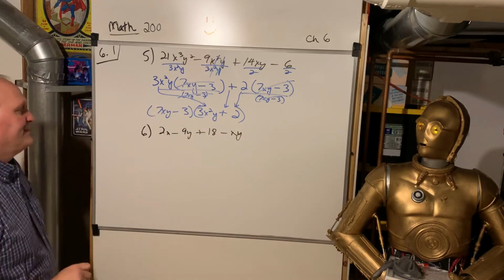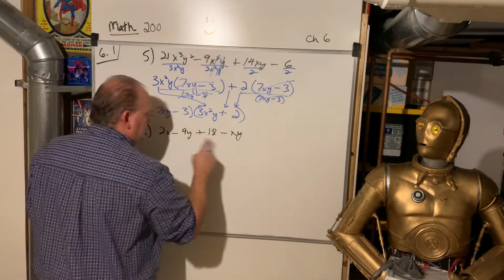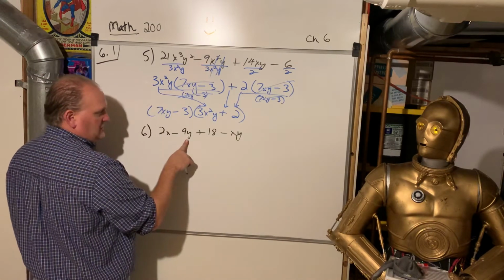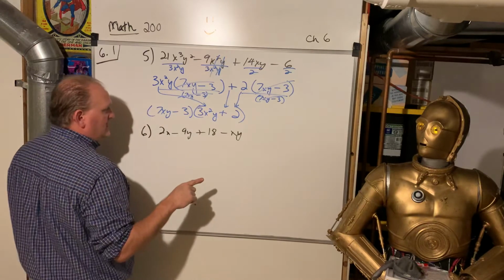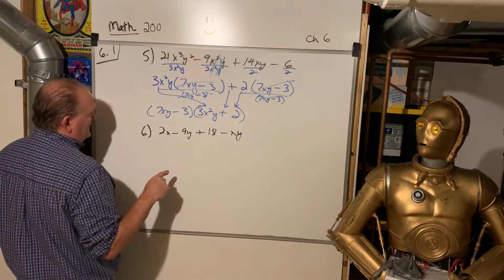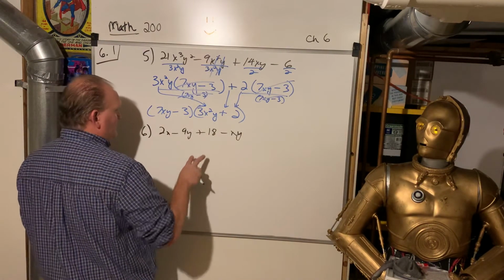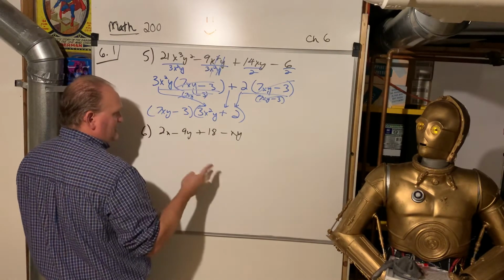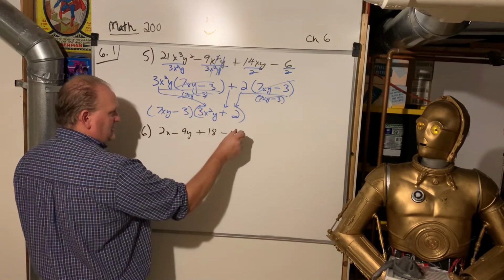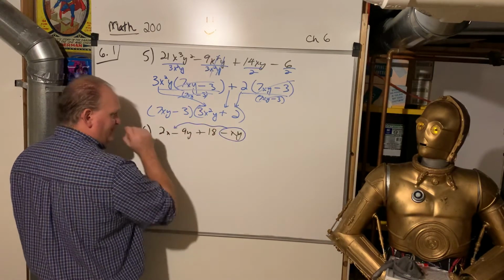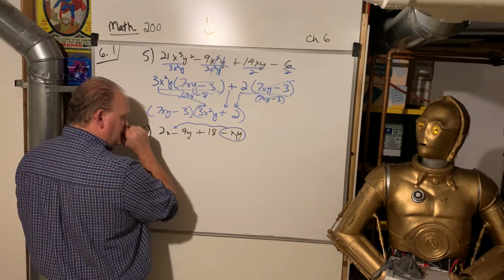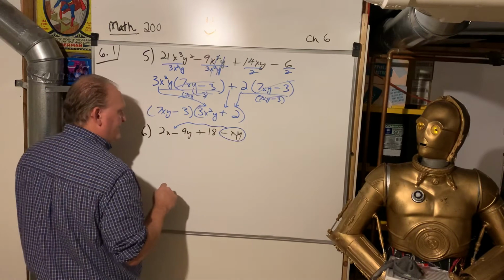All right. This one, I can't factor anything out of the first two. They're prime. I can't factor anything out of the second two. They're prime. But if you look at it carefully, I could switch up a couple of these. Let's take this guy and move it up to the front here.